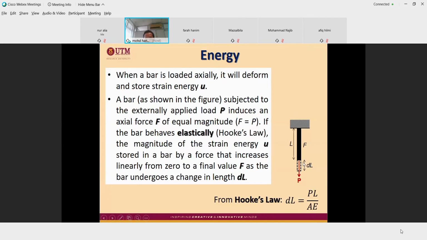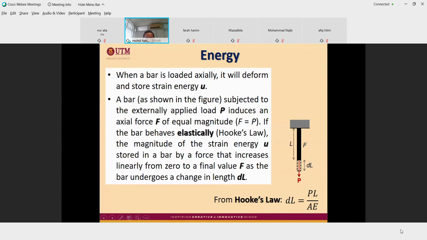And this will result in work and be stored in this member as energy. You imagine a spring. When you compress a spring or you pull out a spring, it will store energy, and when you release, it will bounce because of the energy stored in the spring.